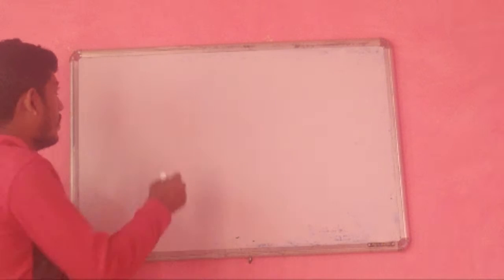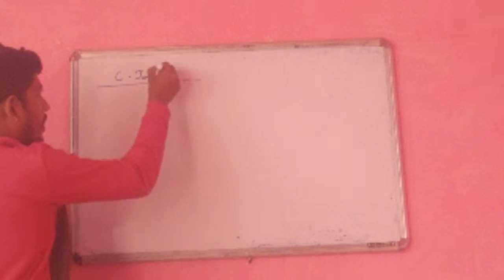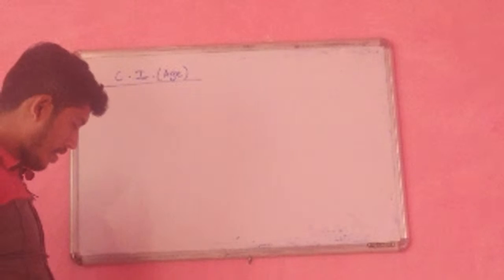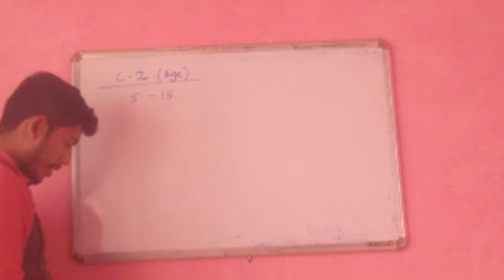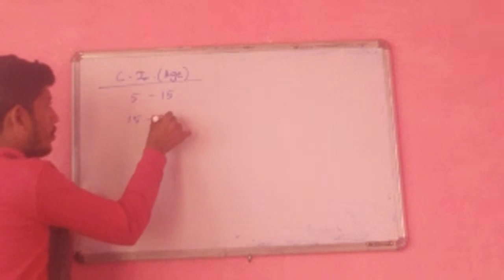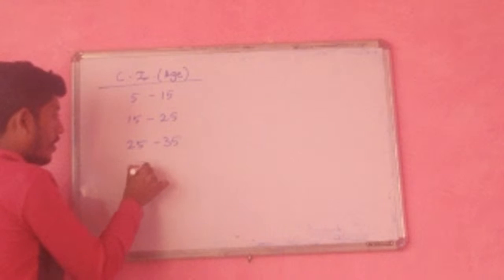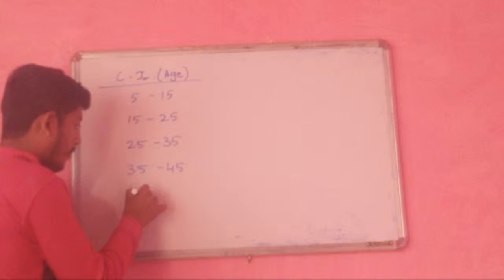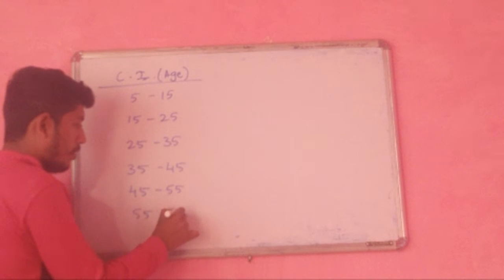So the first one is the class, that is in terms of age. They are 5 to 15, 15 to 25, 25 to 35, 35 to 45, 45 to 55, 55 to 65.